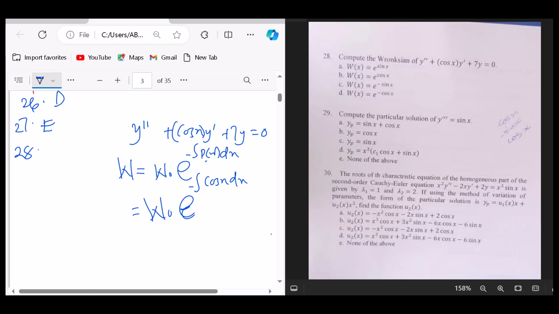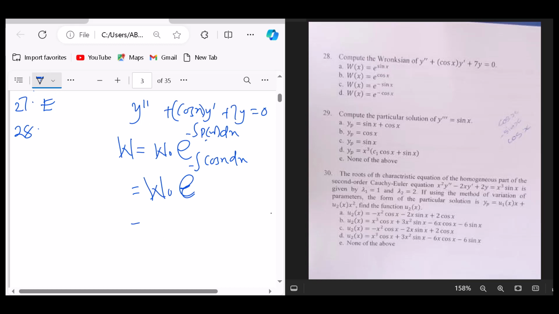And so integrating this, if we integrate cos x, we get sin x, so that will just be e power negative sin x, like this. Okay, and so the answer there will just be C. So for 28, the answer is C.